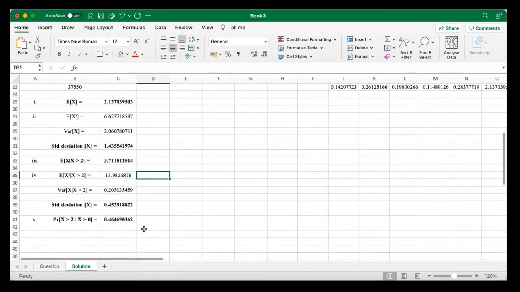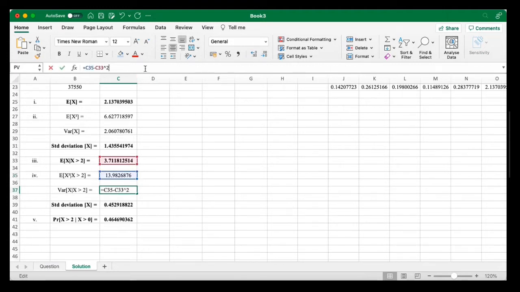13.983. Next, we can move on to calculate the variance of this situation, where the variance is to subtract the square of the conditional expectation from the expected value of X squared given X greater than 2. So 13.98 minus 3.712 squared, we would get 0.20514.